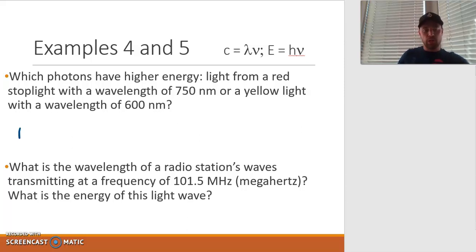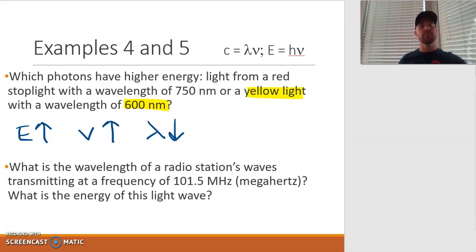Remember, if we're looking for the one that has the higher energy, that's the same thing as saying we're looking for the one that has the higher frequency, which is also saying the one that has the smaller wavelength. And based on that relationship, which one has the smaller wavelength? 600 nanometers, which belongs to the yellow light. So photons from yellow light have higher energy than photons from red light. And that solves the problem.